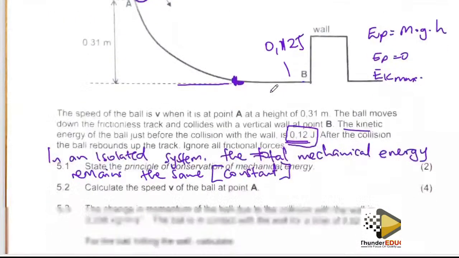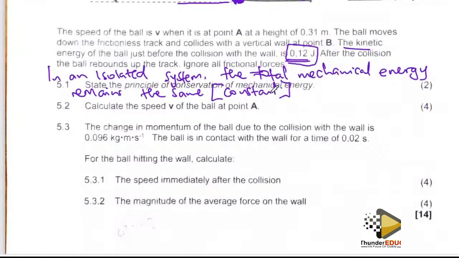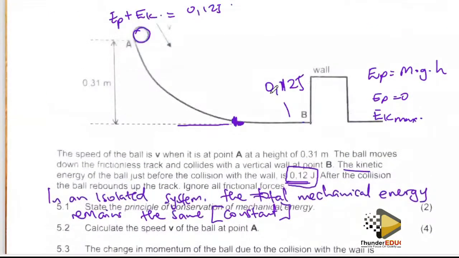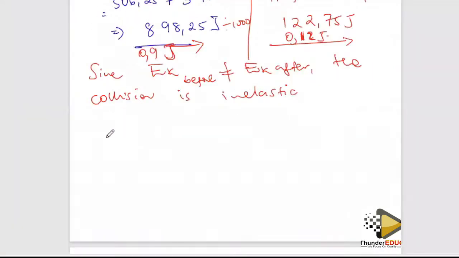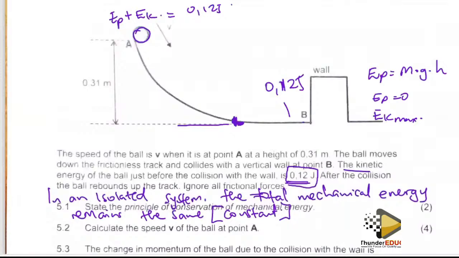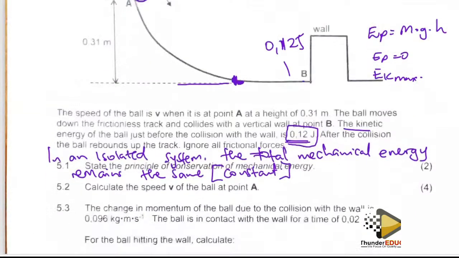So that's the assumption that I'm going to use at this point. Okay, so this is 5.2, saying EP at A plus the EK at A must give us 0.12 joules.